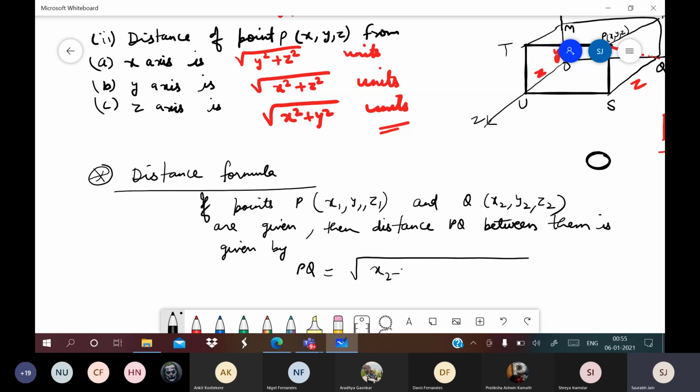So it will be under root of (x2 minus x1) whole square plus (y2 minus y1) whole square plus (z2 minus z1) whole square.